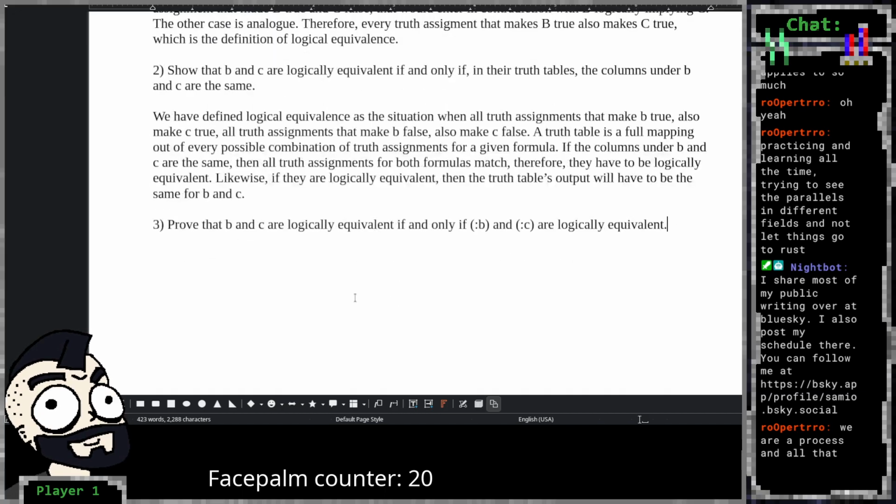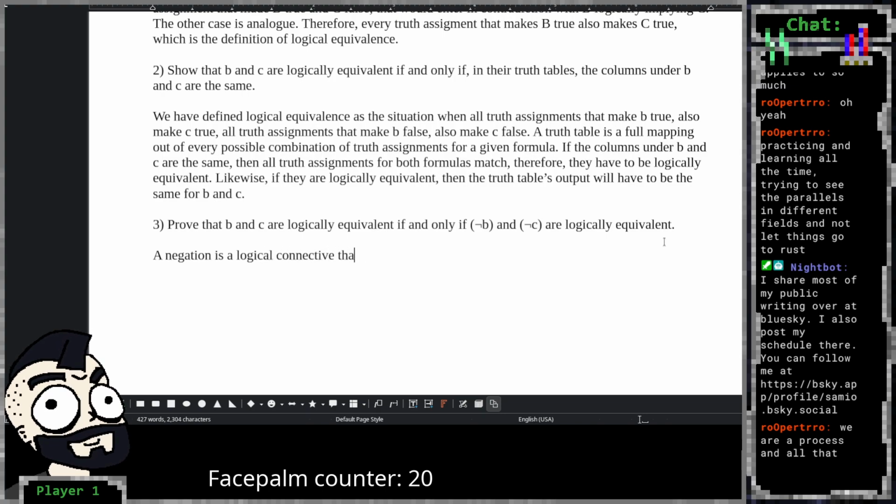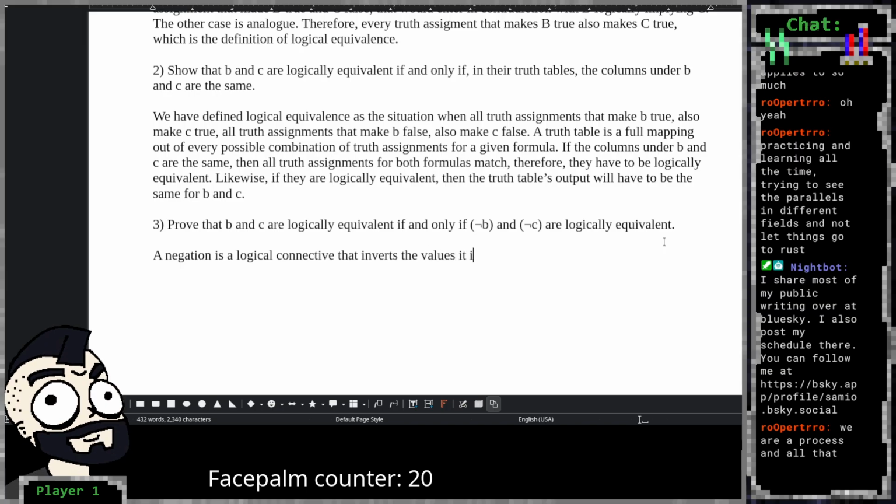Prove that beta and chi are logically equivalent if and only if not beta and not chi are logically equivalent. A negation is a logical connective that inverts the values it is given as input.